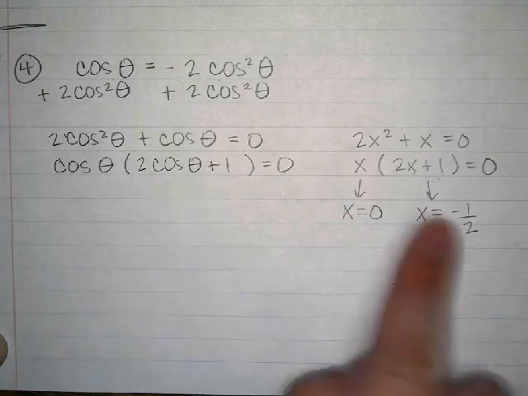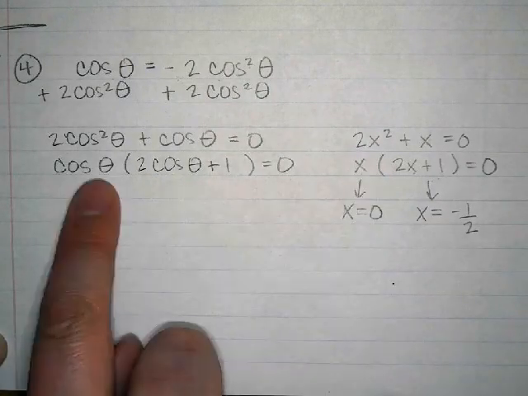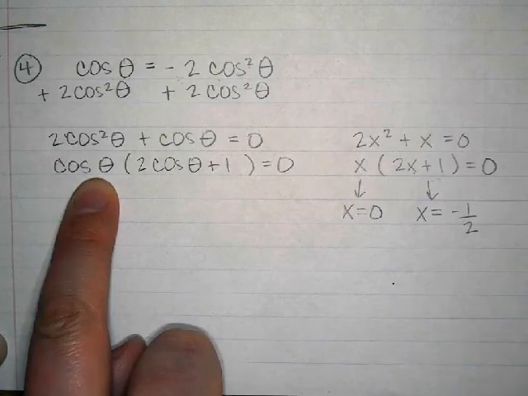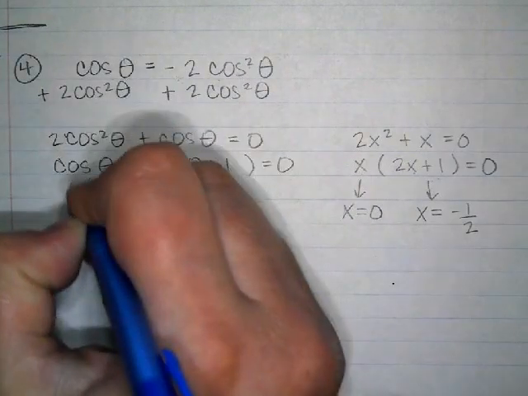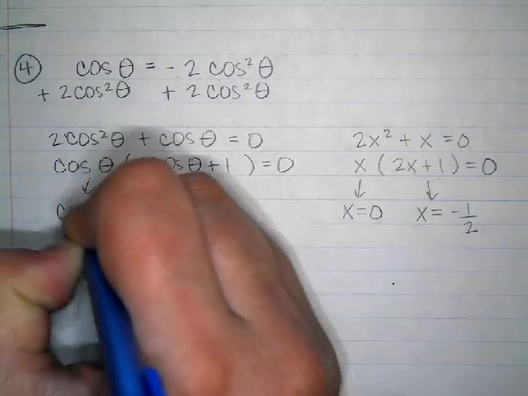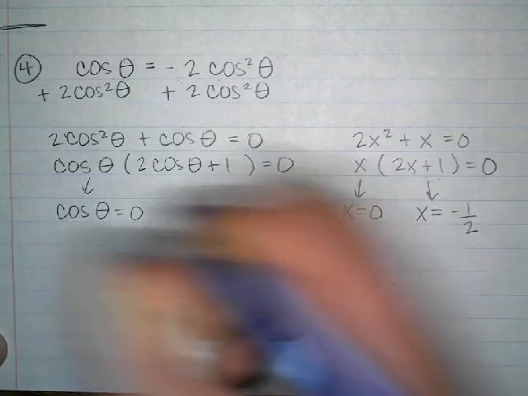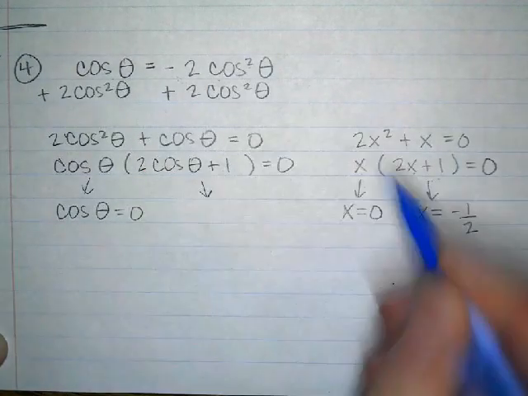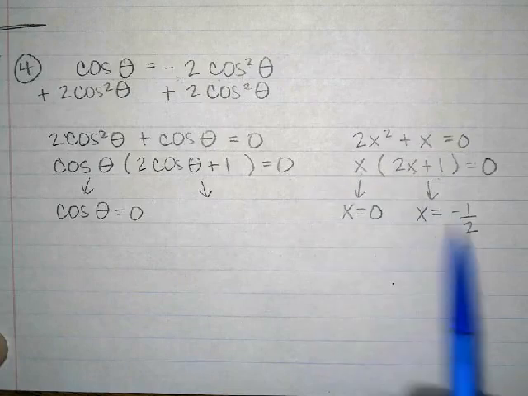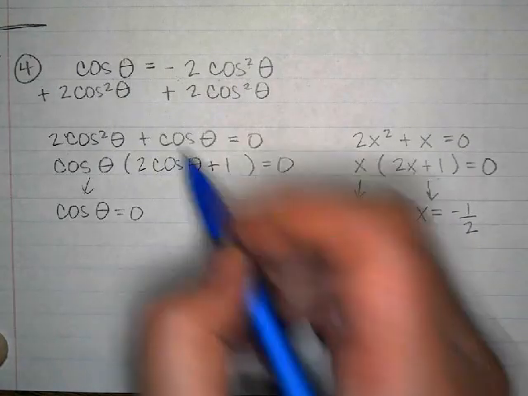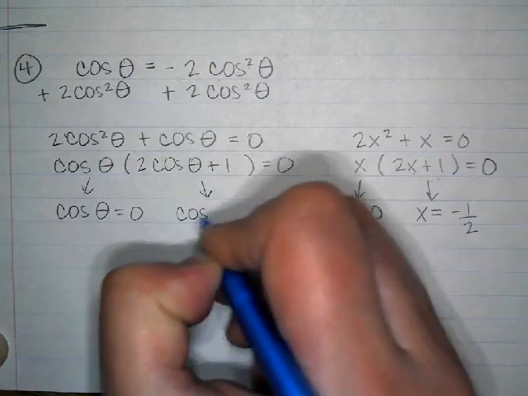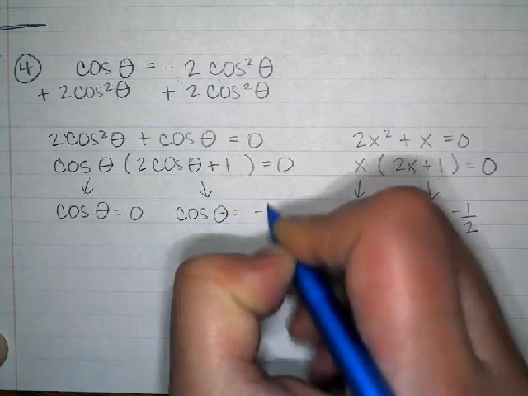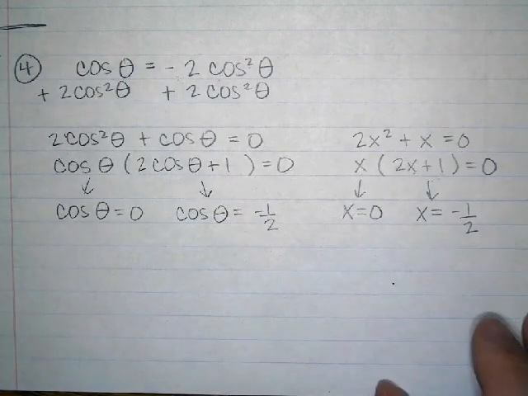So here, cos theta equals 0. And over here, instead of saying x equals -1/2, we're going to say cos theta equals -1/2. Does that make sense?